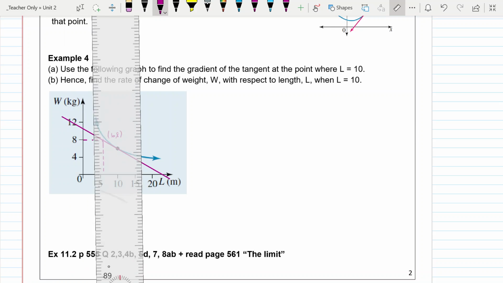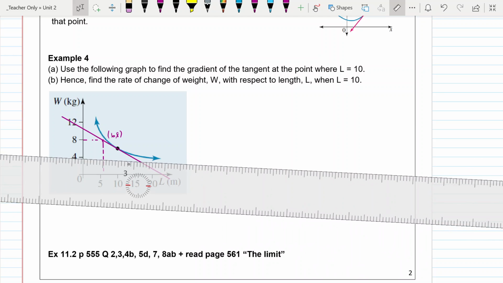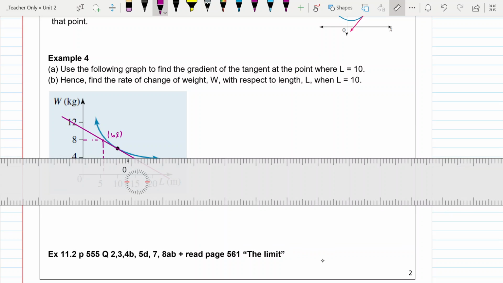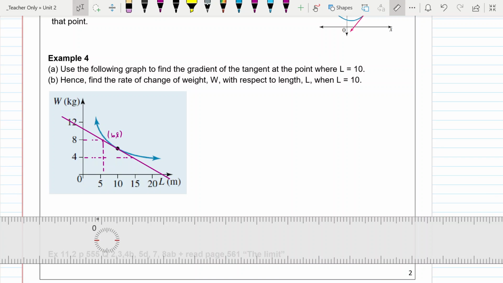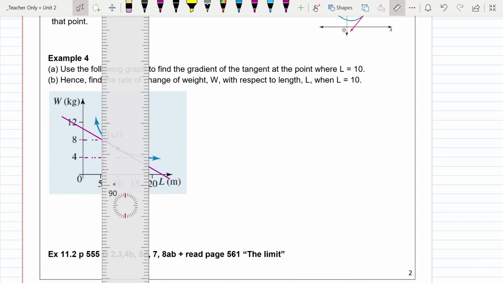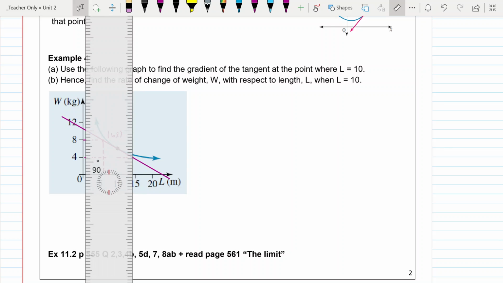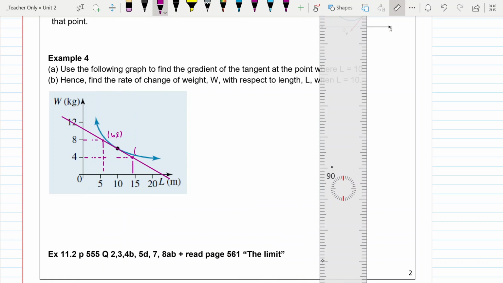And I'm going to take another point. Let's take this 4. And let's see where that ends up. That looks like it's around about 14. So that point there is (14, 4). All right.